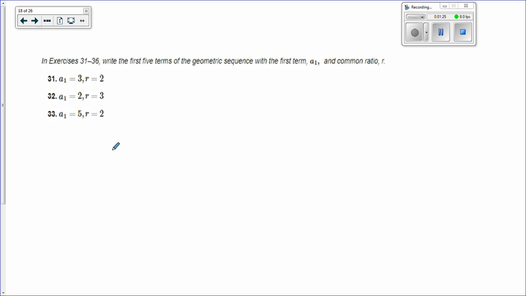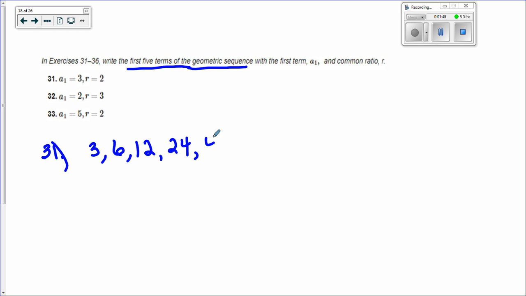Okay, so again, page in the book, and again, everything's the same. This is a sub 1, and now you see it's an r. So as soon as you see r, you know it's a geometric as opposed to an arithmetic. So if I was going to do 31, I'm doing the first 5 terms. The first one's 3. Now multiplying by 2 is 6. Multiplying by 2, multiplying by 2, and that would be the first 5 terms.